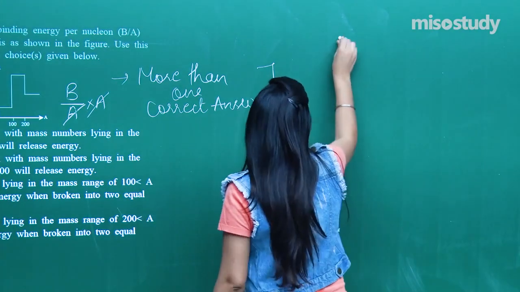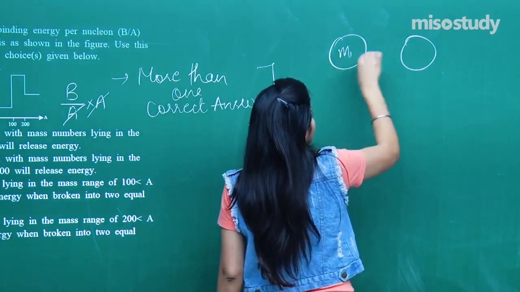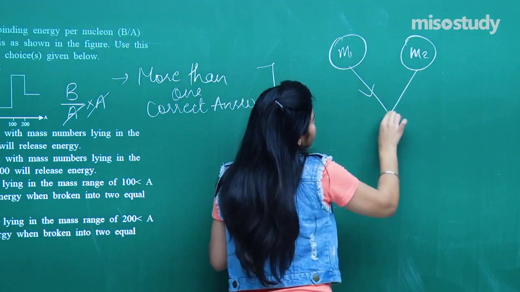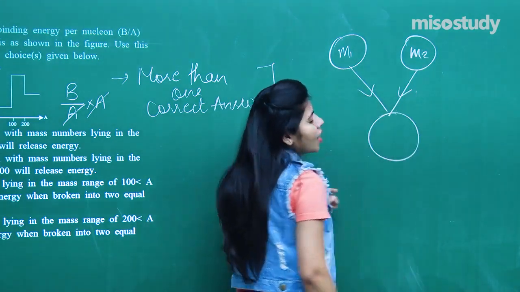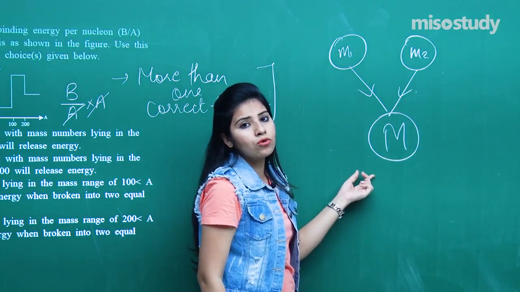That means in the case of fusion, suppose these are 2 masses, say M1 and M2, lighter masses, they are combining to give us a heavier nuclei, say capital M. This is the process of fusion.